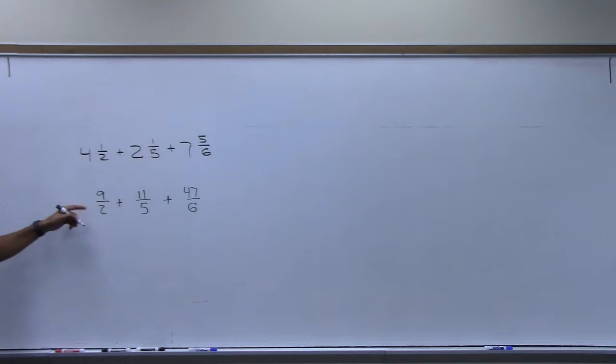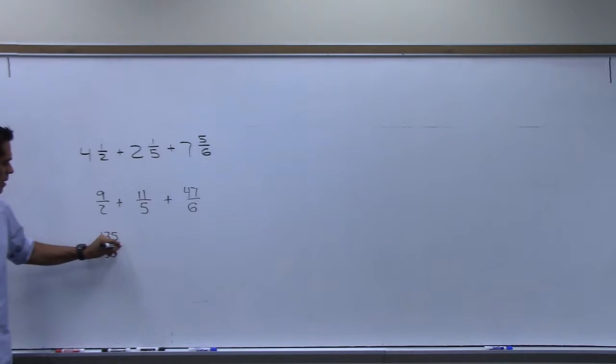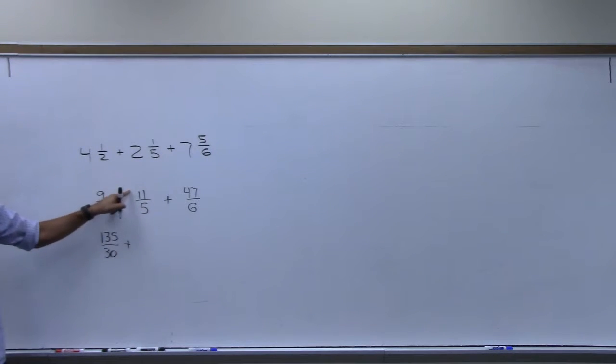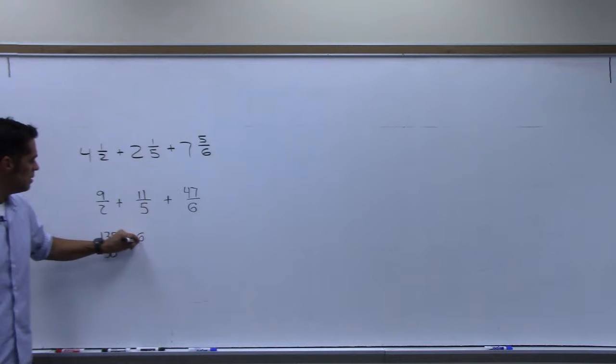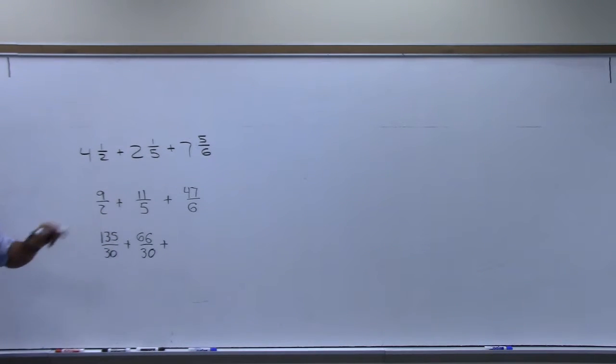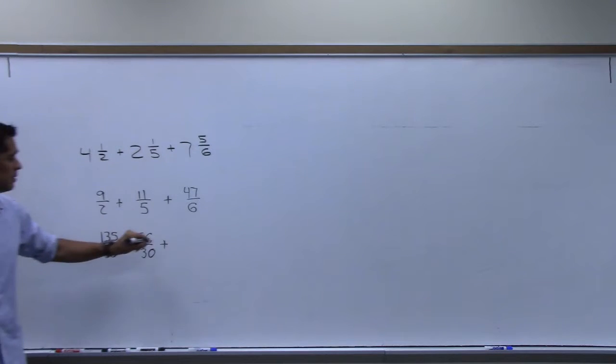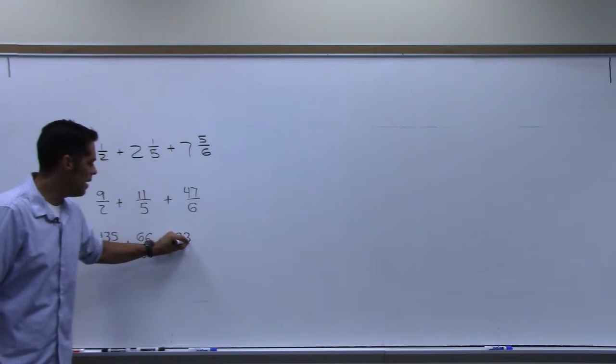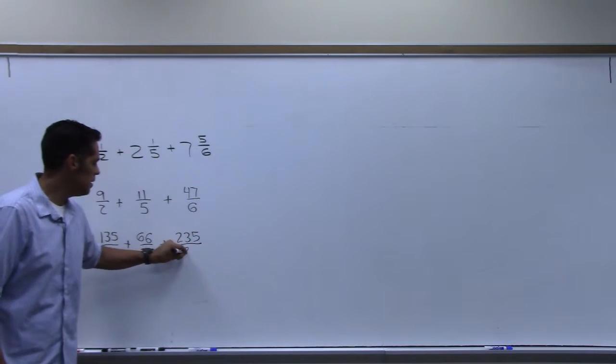I'm not going to go through and show the little multiplications. But this over 30, I have to multiply top and bottom by 15. So what would that give me? 135 over 30. Here I have to multiply the top and bottom by 6. 66 over 30. And then the last one, multiply by 5. To what? 35, yep. Over 30.